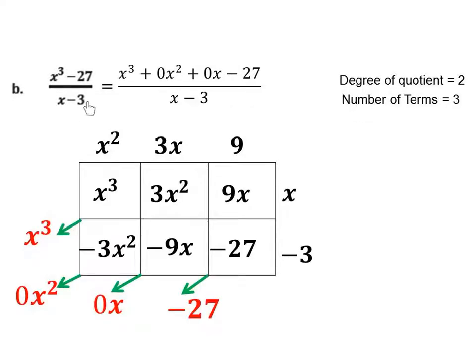Here I have used the reverse tabular method to divide this. So here is the dividend all around, here is the divisor, and I have reversed this table to generate this. So basically, if you divide this by this, the answer will be x squared plus 3x plus 9.